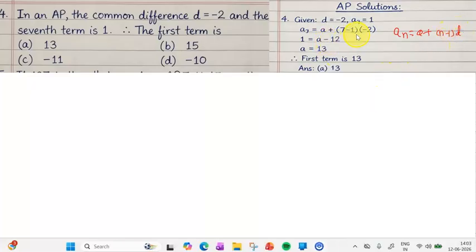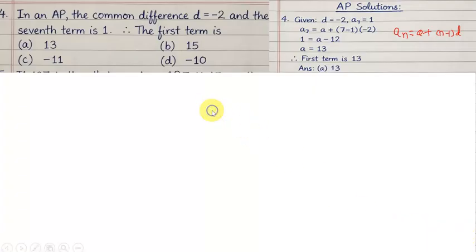We want to find out the first term. Okay, seventh term is 1, therefore a7 is 1, a is as it is. 7 minus 1 is 6, 6 into minus 2 is minus 12. Okay, now shift this minus 12 to the left hand side. 12 plus 1 is 13, and hence a is equal to 13. Therefore the first term is 13, and hence option A is correct here.